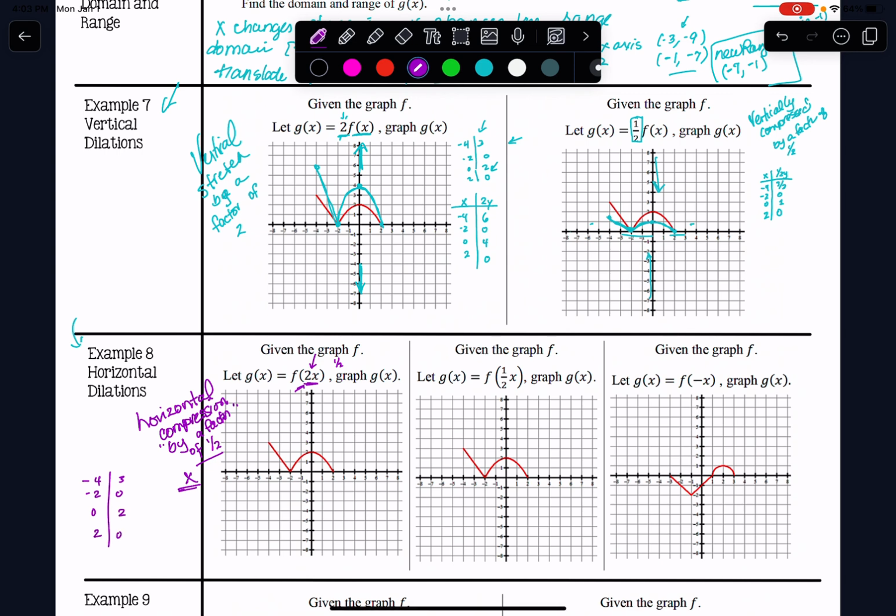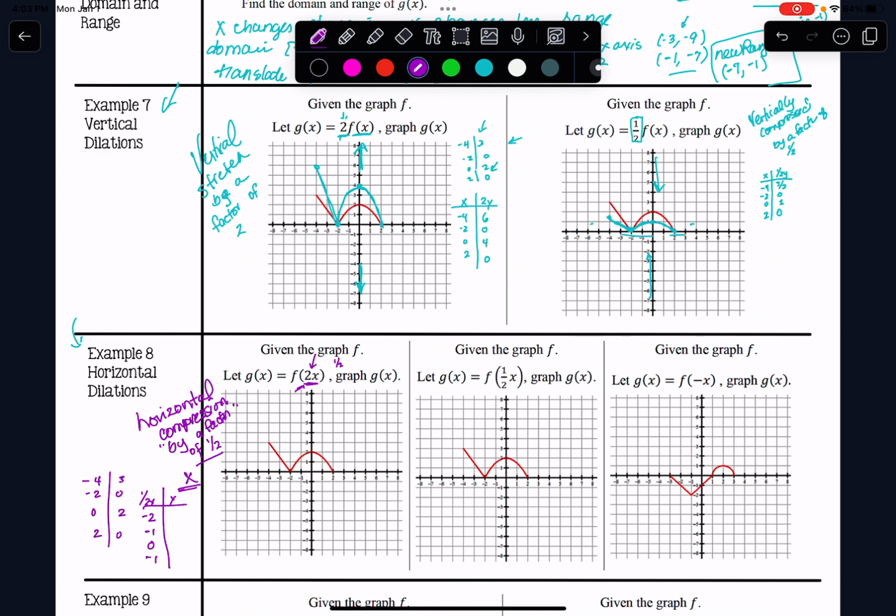Now, I would multiply each x by 1/2. So 1/2 x, and my y's stay the same. So this would be -2, this would be -1, 0, and -1.